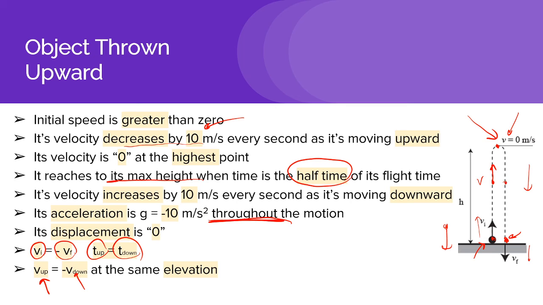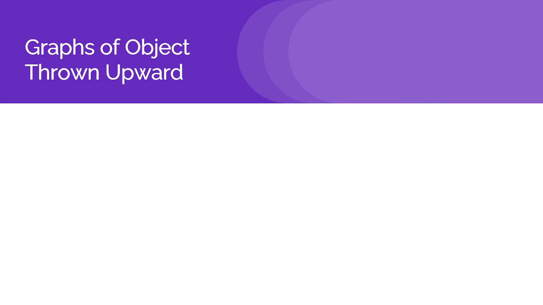Then if you look at the object at the same point when it's going down, it is also going to have velocity v. So at the same height, it doesn't matter which height you pick, on the way up and on the way down, they're going to have basically the exact same motion. It's the exact same replica. When it's going up and down, the only difference is the direction.